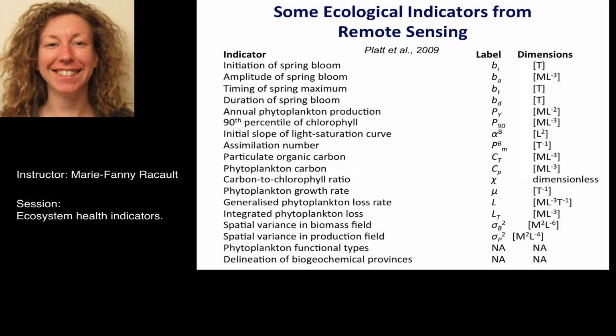SST and chlorophyll can be obtained at the same resolution based on different sensors. And we can construct time series that will allow us to look at the seasonal dynamics and to quantify this dynamic in an objective way using different metrics that I will present. And we can perform interannual comparisons.